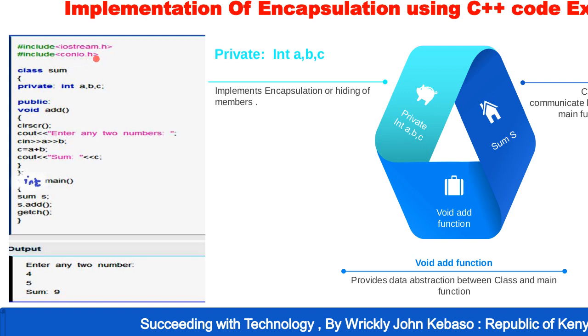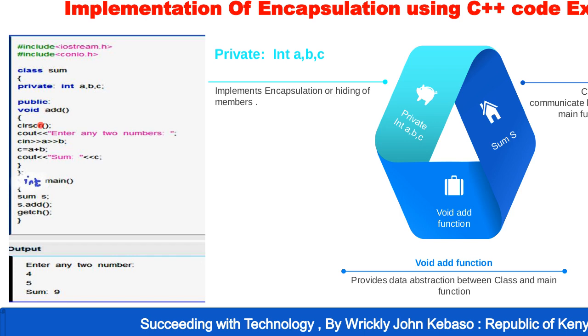This one comes in because the keywords clear screen and get character are defined in this header. If you don't include this header and then use clear screen, which clears the screen when the program runs so that you only have what you want from the program, definitely there will be a syntax error because the compiler will complain that it doesn't know the meaning.